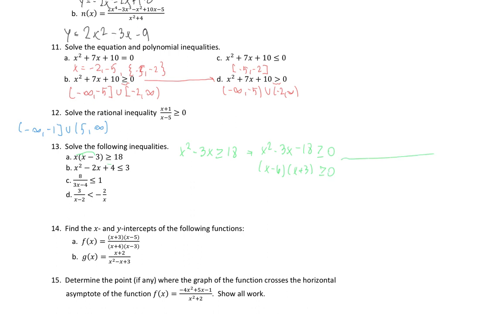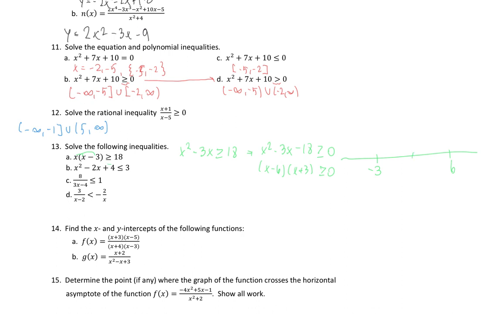So I'll put my number line. I'll have minus 3, and I'll have 6. And because there's no division by any x term, I can include both of these because it's greater than or equal to 0. So being 0 is okay, and I'm not dividing by something. So there is no divide by 0 concern.